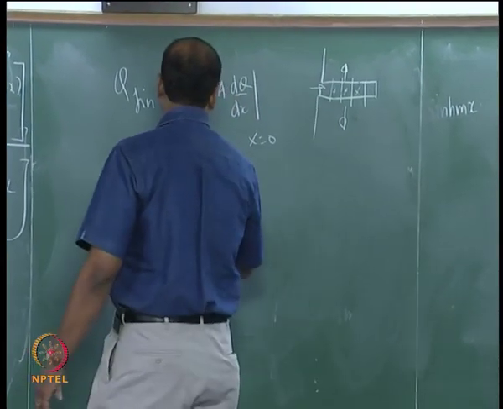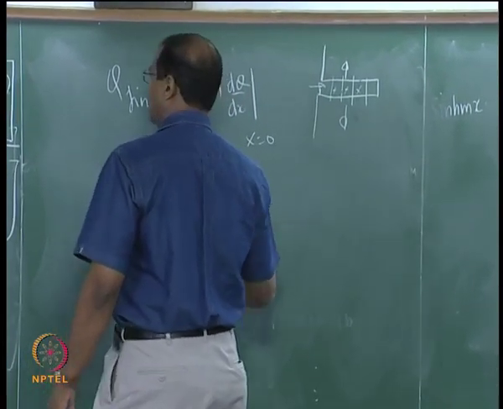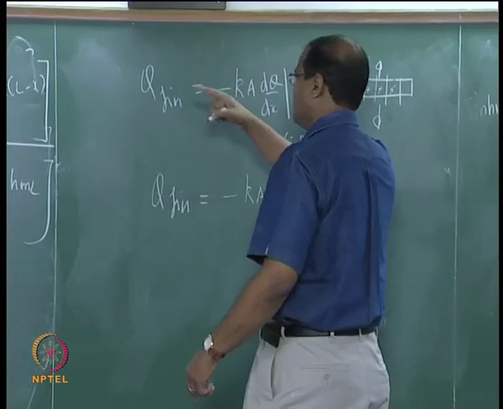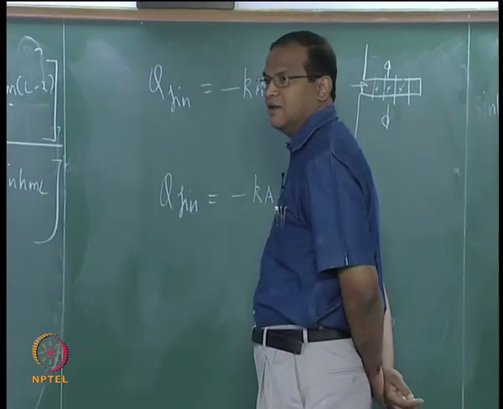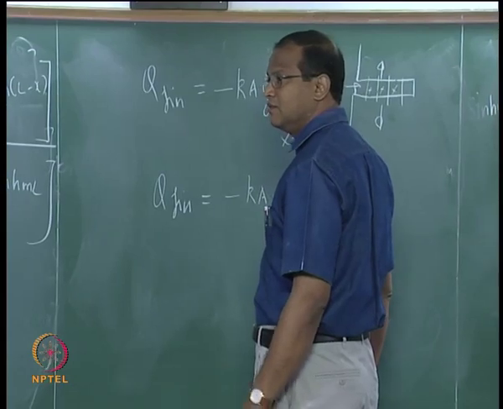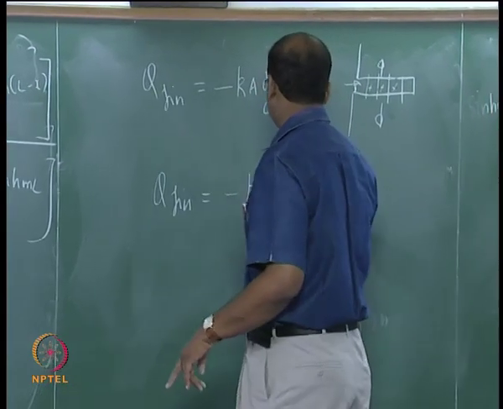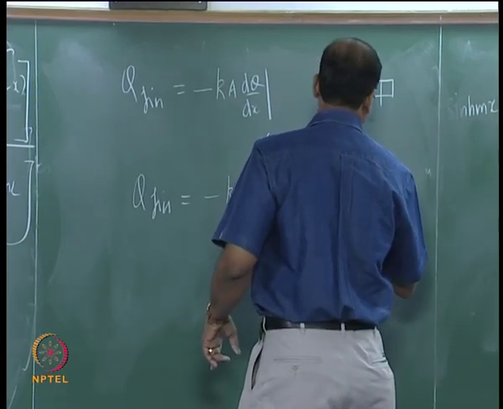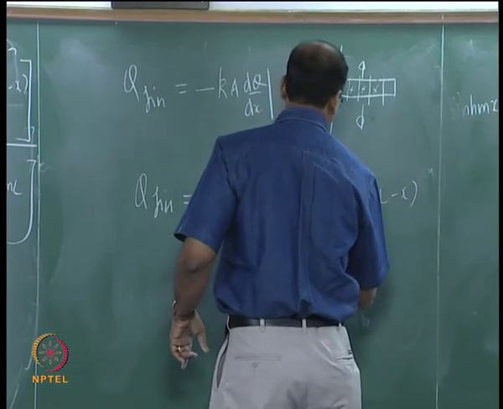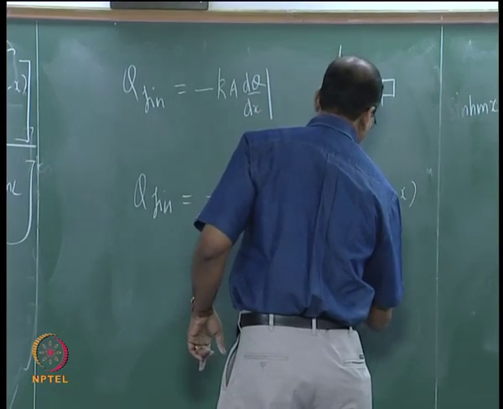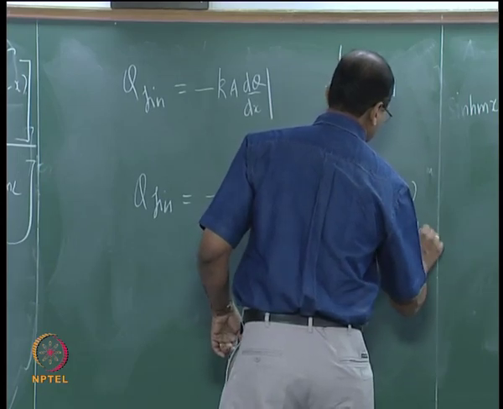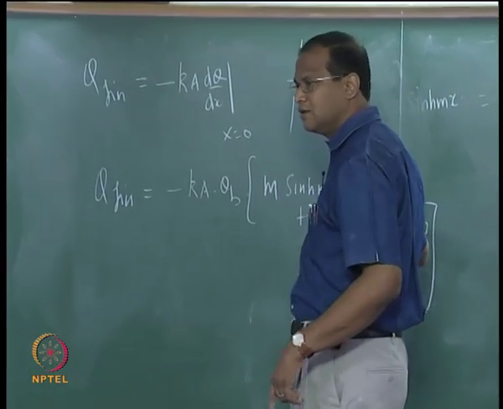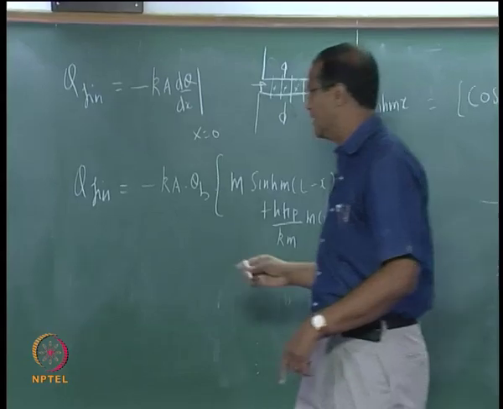must be equal to minus kA theta b. Now this will be cosh m(L minus x) plus h, minus m plus m. This minus is there, so this will be m, and because there is a minus, L minus x, there will be a minus which comes again.